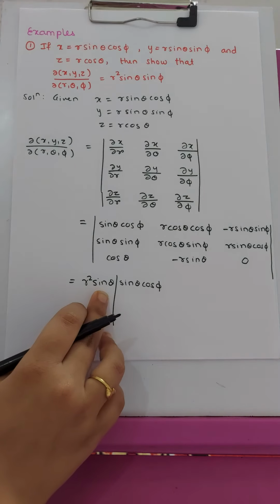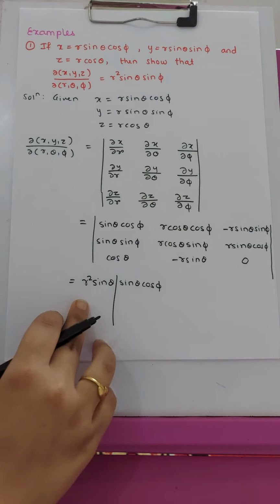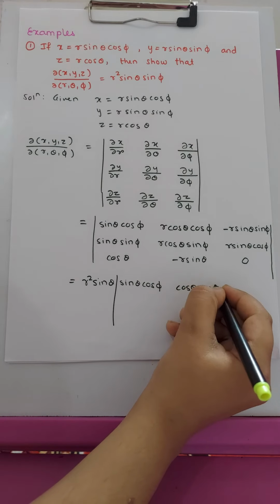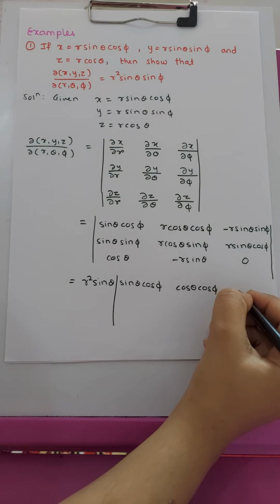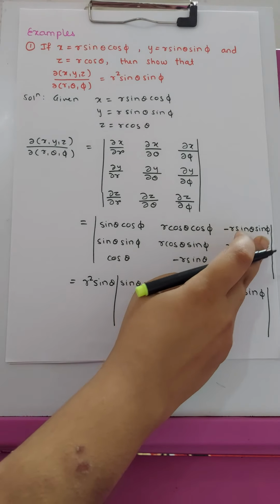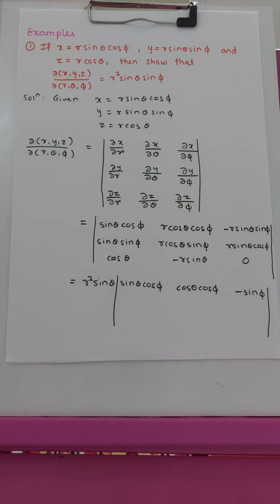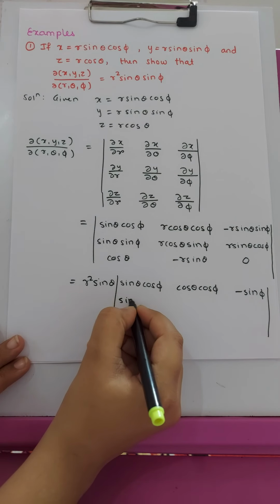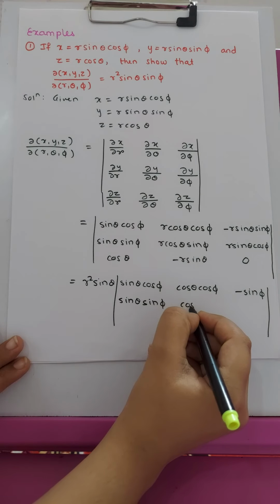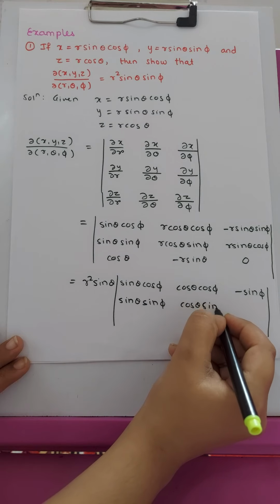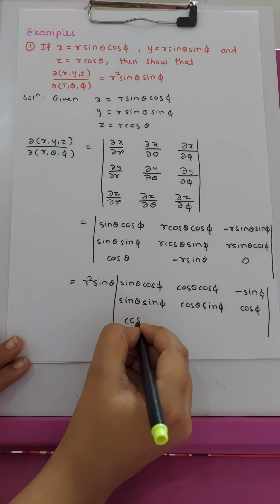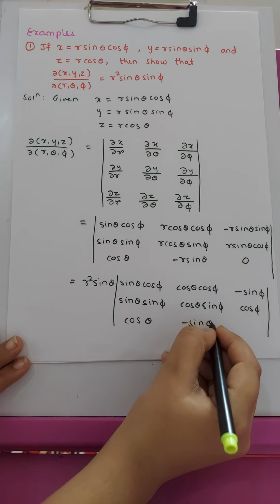So r square sin theta is outside the determinant, and the remaining first row is sin theta cos phi, cos theta cos phi, because r is taken outside, and minus sin phi, since r and sin theta are taken outside. In the second row we get sin theta sin phi, cos theta sin phi and cos phi, and in the third row cos theta, minus sin theta and 0.